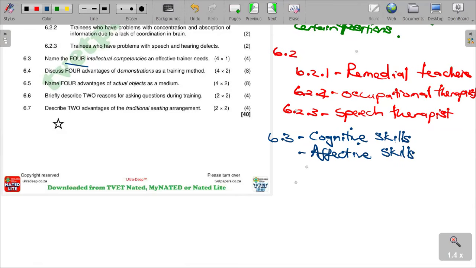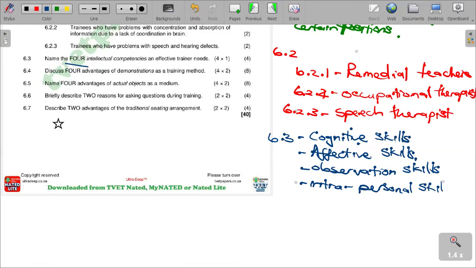Supposed also to have observation skills, that ability to observe learners, and also intrapersonal skills, the ability to communicate with himself, which is internal communication.